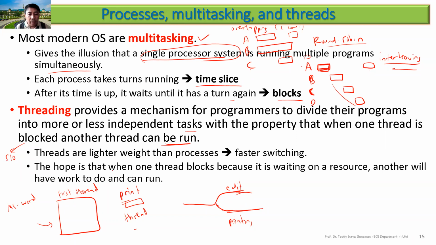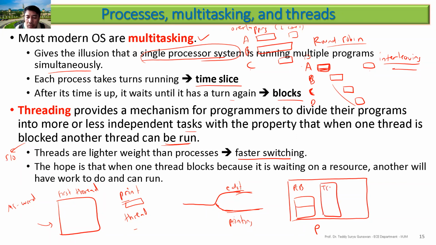Threads are lighter weight than a process, with faster switching. So what will happen here is you have a process. Of course, you have process control blocks. You have the memory allocated for you, and then you can have your thread control blocks, and you have program and data. You can create another one, program and data.